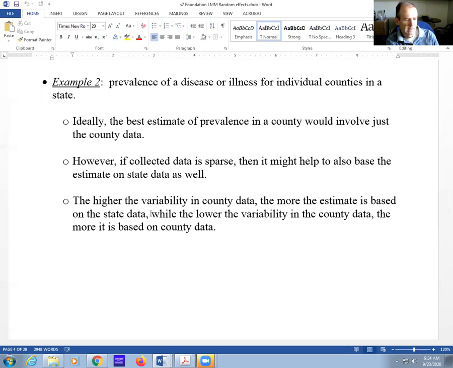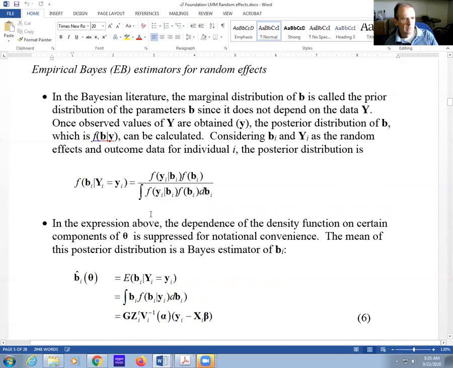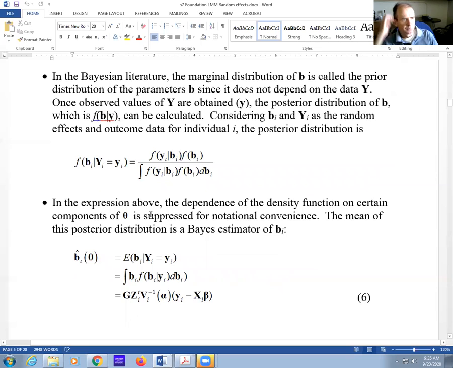But as that county gets more information, you may be able to use that estimate more if you were to compute an empirical Bayes estimate of the prevalence in that county. Okay, so a couple examples there to give you the intuitive idea.